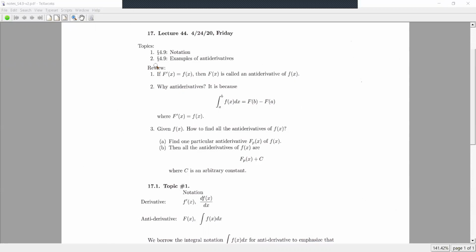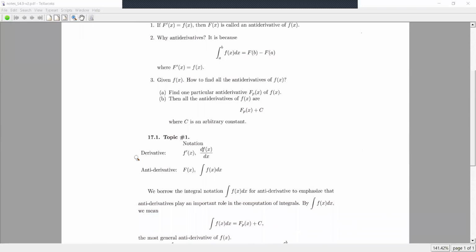Okay, now we turn to topic 1, the notation of an antiderivative. The notation of a derivative is either this prime notation or this d over dx notation. These 2 notations are popular notations for derivatives.